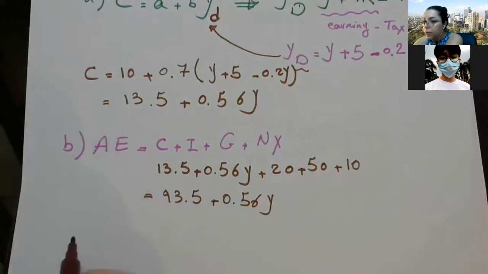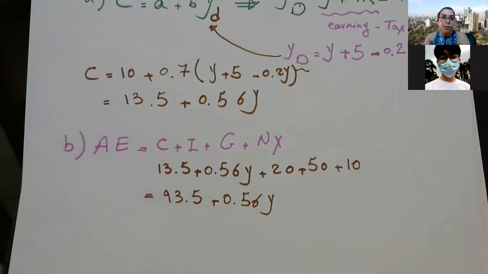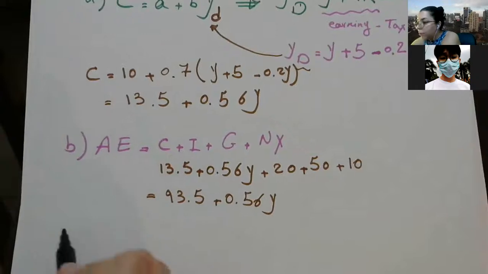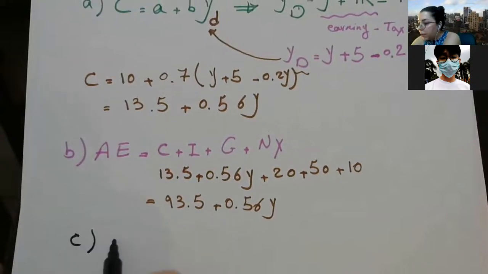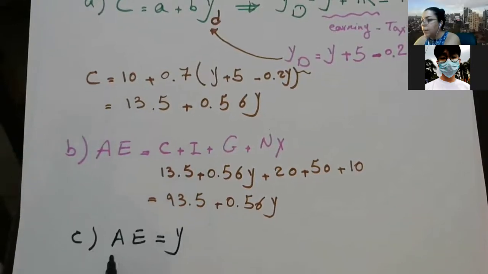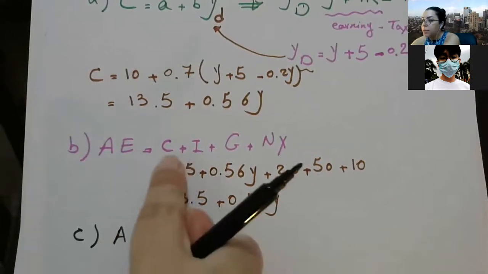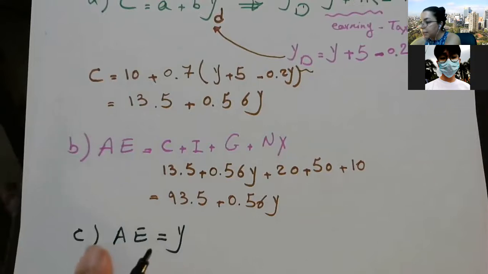So what is the equilibrium formula? Again, do remember that you have to write down the formula for your exam, otherwise you will lose the mark. So you just write that the formula for equilibrium income is AE equal to Y. In other words, AE is equal to our demand, because AE is C, I, G, and X. So it means that demand is equal to supply.